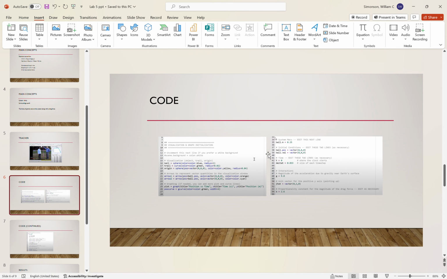For the code, the initial position and the mass of the ball is used along with the change in time and the force of gravity, the negative g hat vector, and the drag force proportionality to calculate the forces that are acting upon the Slinky.